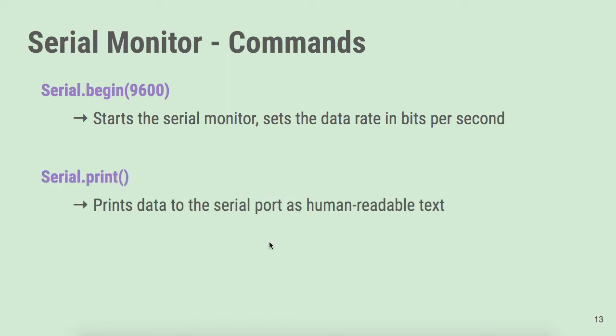Then we have Serial.print. This command is most of the time located in the void loop, but can also be located in the void setup. This prints data to the serial port as human readable text. I'll show you some examples in a second, but this places some words or numbers to information that may not be understandable by humans.